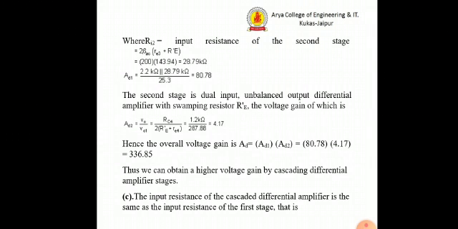The second stage is a dual input unbalanced output differential amplifier with swamping resistor RE'.